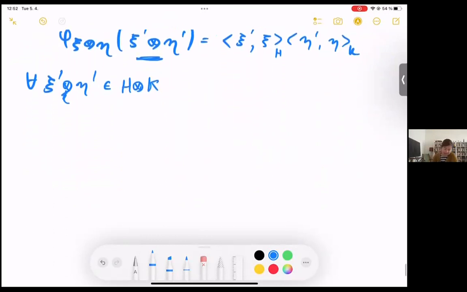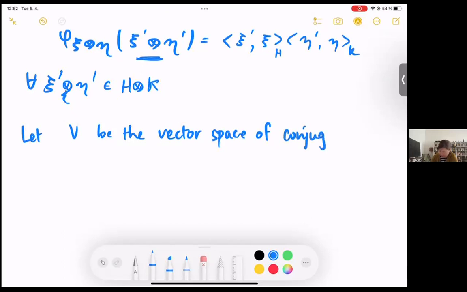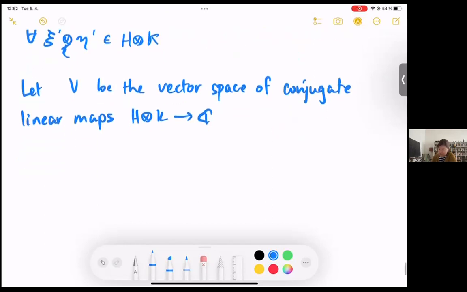So now let V be the vector space of conjugate linear maps from the tensor product into the complex numbers.